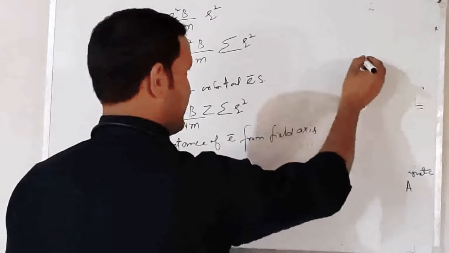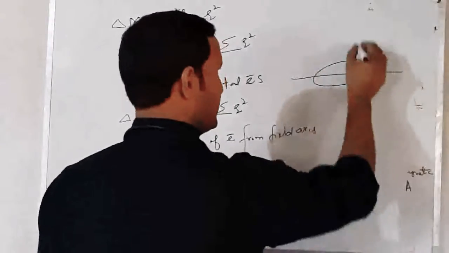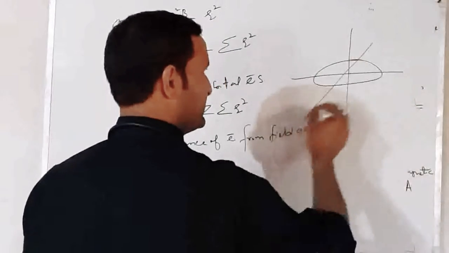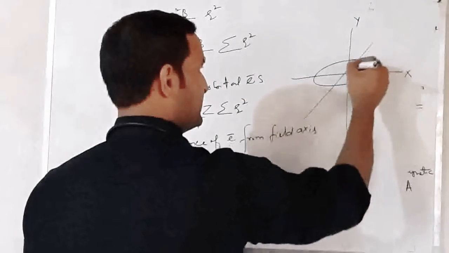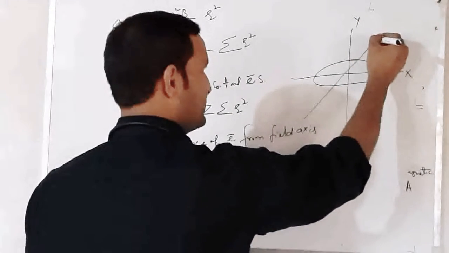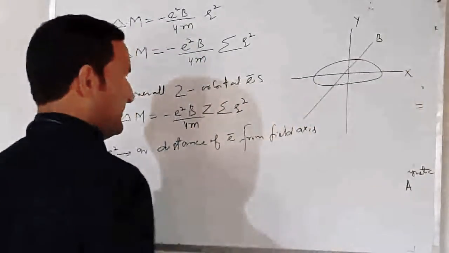If it is a circular orbit, this is the x axis, this is the y axis, and this is the z axis, along which the magnetic flux density, the magnetic field, can be applied.